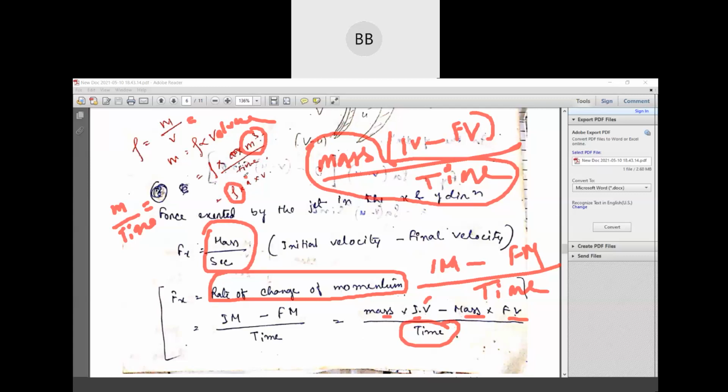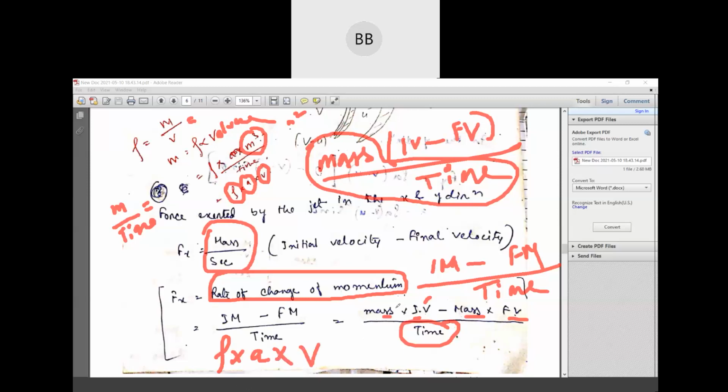So here density rho will be there. Area, the unit of area is meter square. But we have volume, that means one meter is left out, and then time is there. Meter per time is your velocity. So in place of mass per time, you can write density multiplied by area multiplied by velocity.